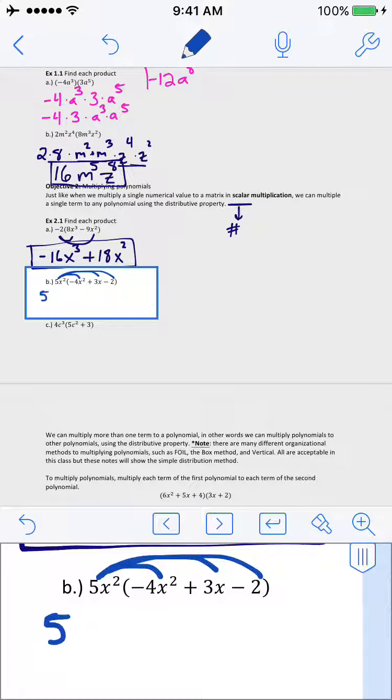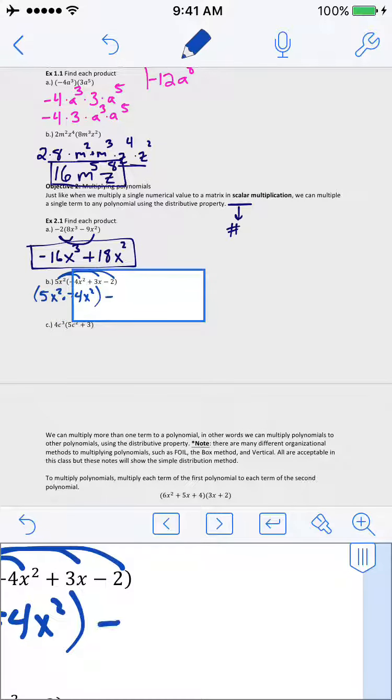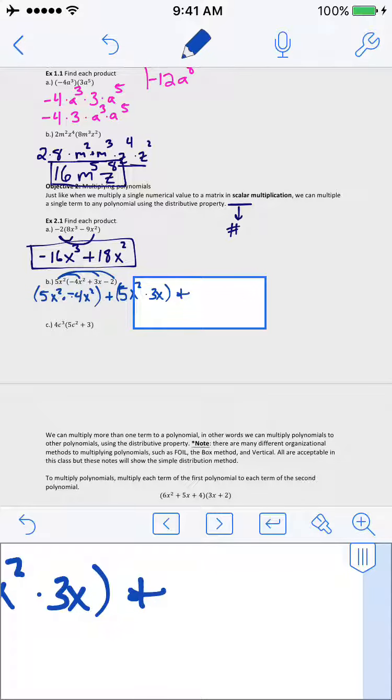I've got 5x squared times -4x squared. That would be my first multiplication. My second one is going to be 5x squared times 3x. And my third one is going to be 5x squared times -2.